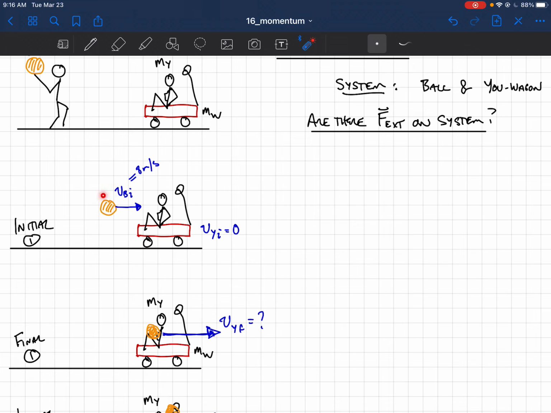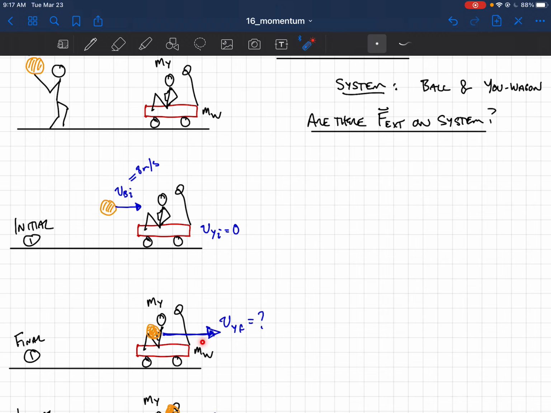In an approximation, I mean, there's probably air resistance on the ball, there's probably some friction on the wheels, there might be some friction with the ground, but basically there are hardly any external forces. So we're going to assume that the normal force and gravity are balanced here, so they don't contribute to a net external force. And instead, the only forces are the forces in between you and the wagon and the ball.